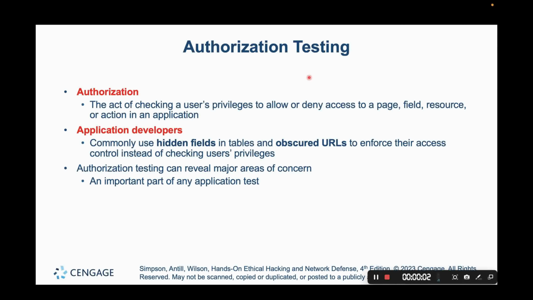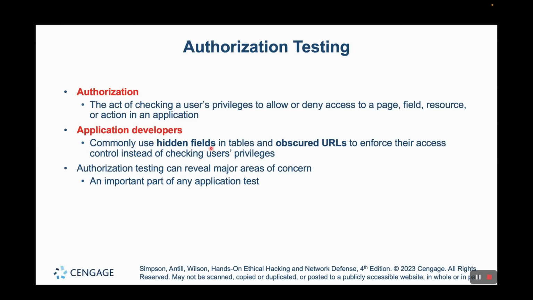Okay, so let's talk about authorization testing. Authorization basically is checking user privilege to allow or deny access to resources. Now, application developers commonly use hidden fields in the tables or obscured URLs to enforce their access control instead of checking user privileges. Now, what are the hidden fields in the tables?